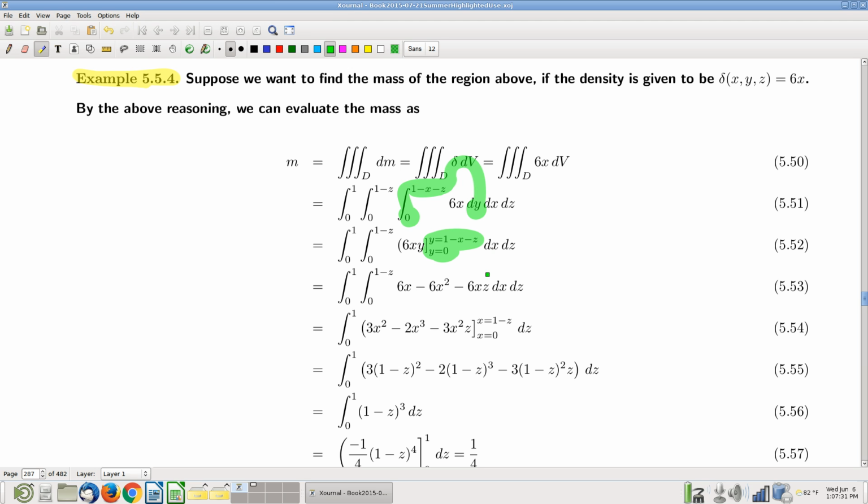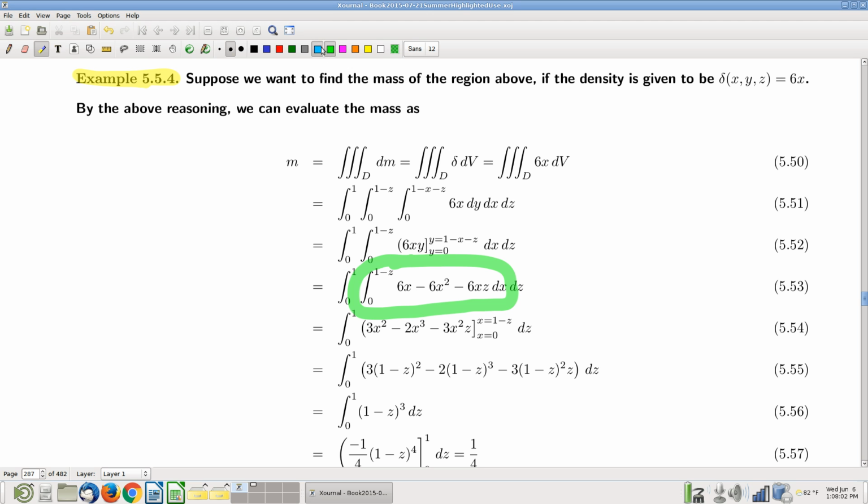Right, plugging in y equals 1 minus x minus z feels like a weird thing, but keep in mind, for the purposes of this inside integral, we're looking on an x slice of a z slice. So x and z are fixed, they're constants. So this really, for the purposes of the inside integral, these are constants that we're plugging in for y. Okay. That gives us this integrand, and so now we have a dx integral to work out.